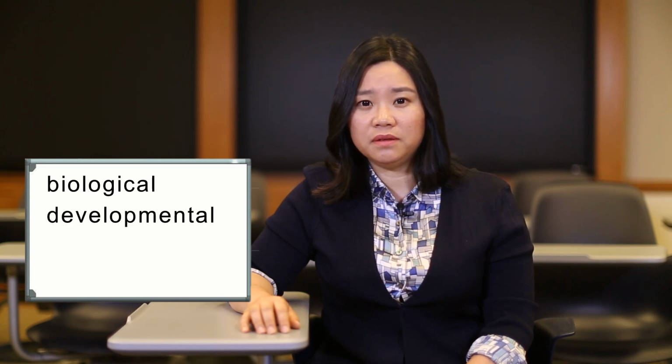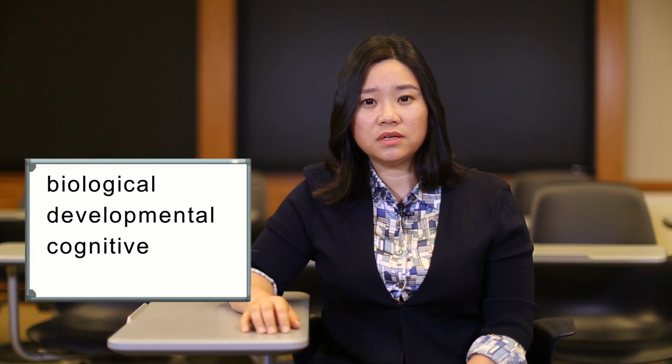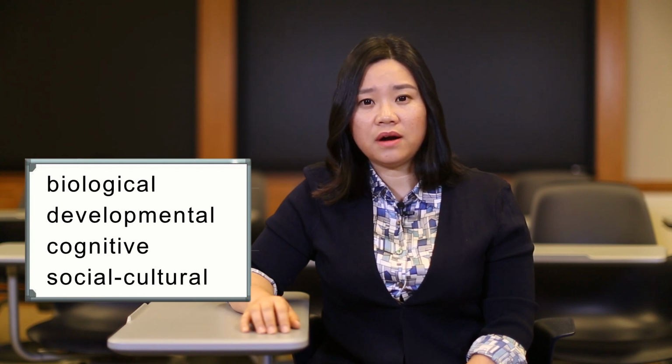The individual differences among people who could and could not resist the marshmallow can have many, many reasons. Some of them are biological, some of them are developmental, some of them are cognitive, some of them are actually social cultural.